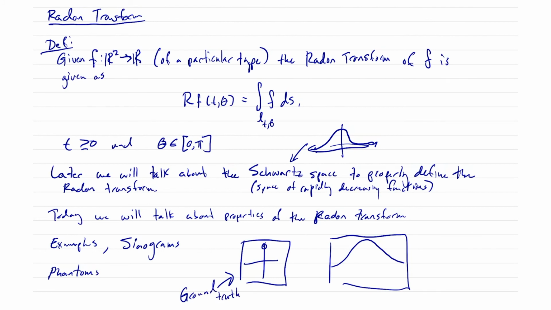We know what the function is, but generally speaking, you won't know it when you take a general sinogram, like a CT scan of a person in a CT scanner. This is a sinogram, and this is what the actual data will look like.